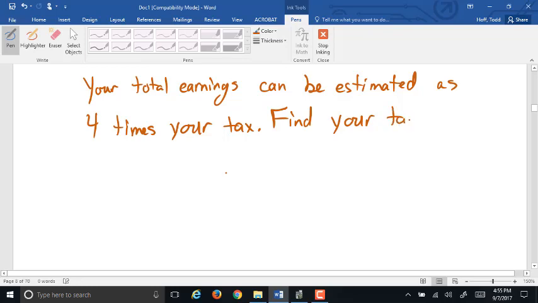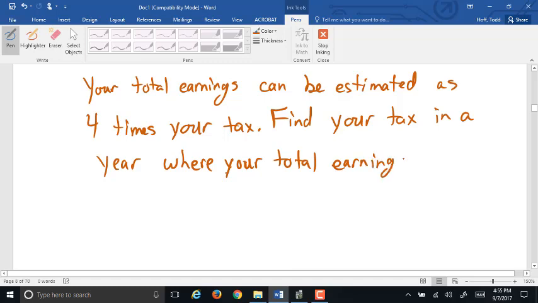Find your tax in a year where your total earnings is $44,000.